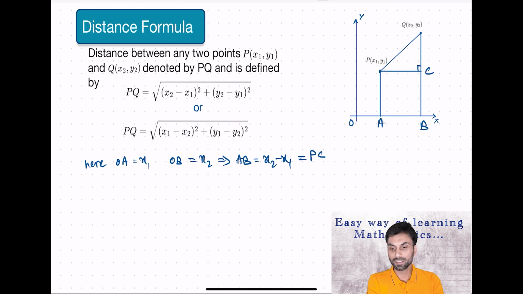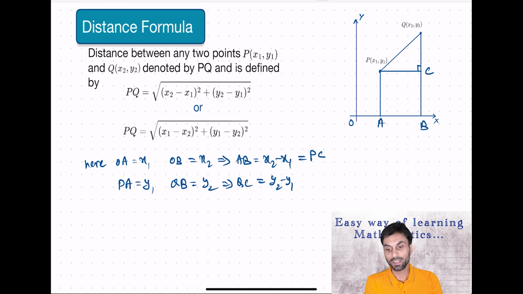Also, we can see here that PA will be equal to y1 and QB will be equal to y2. That means QC will be equal to y2 minus y1, and as we know, this is y1, this will also be y1.